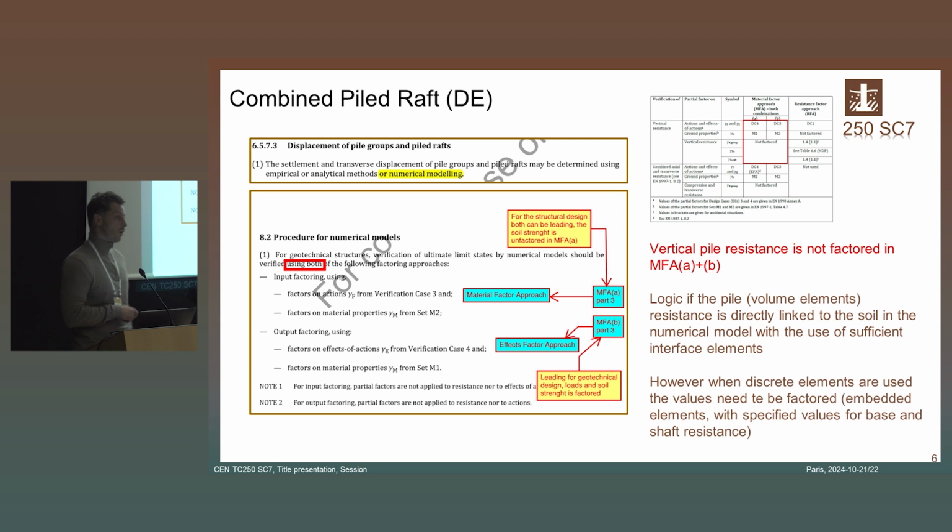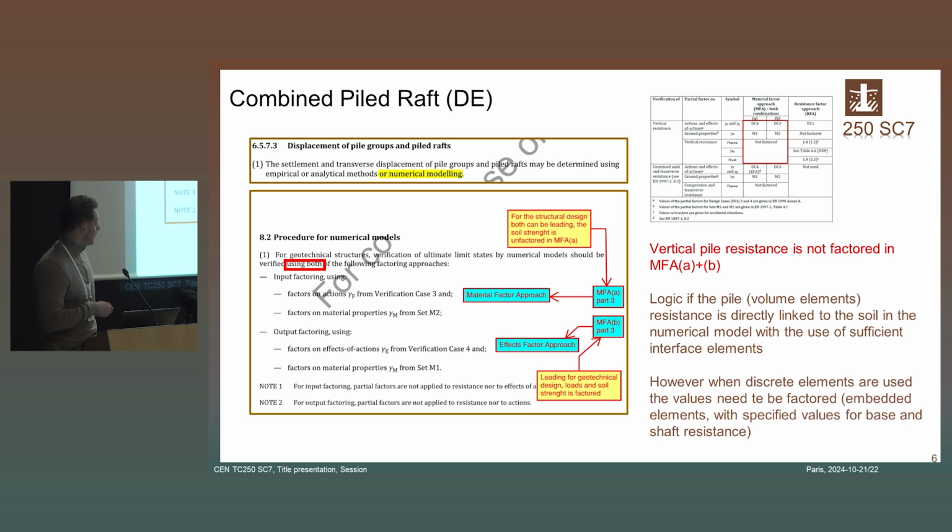Somehow in the third part of the code, they renamed it to MFA-A as the material approach and MFA-B as the effects approach. And if you take a deeper look in the tables, for MFA-A the soil strength is unfactored, so only your loads are factored.